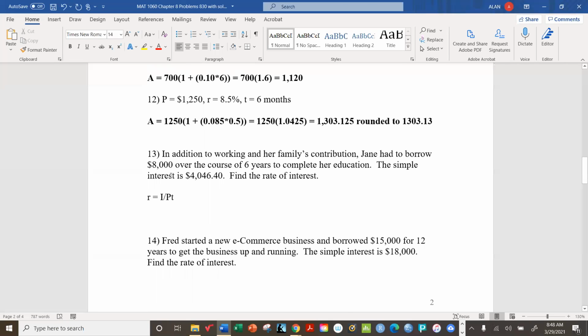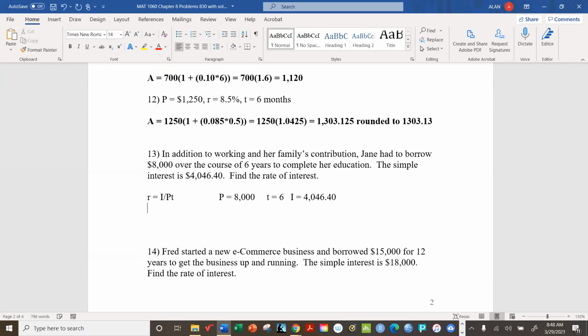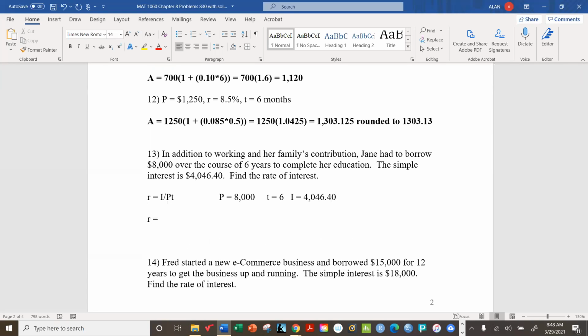The fact that they're asking us for simple interest or giving us simple interest tells us that we're using this formula. Now the principal is 8,000. The time is 6 years, and the simple interest is 4,046.40. Therefore, R is the ratio 4,046.40 over the product of 8,000 times 6, which is 48,000.